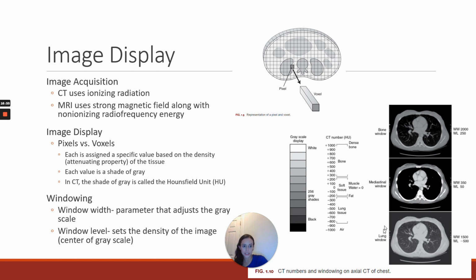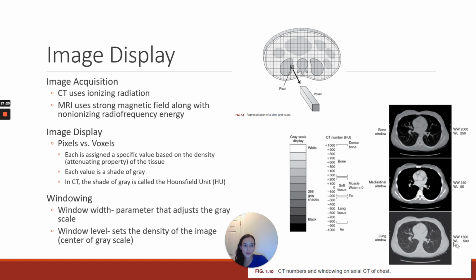So let's look at this image, for example, the lung window. I like this one. For the window level, they set the center of it at negative 500. Why would they do that? Well, negative 500 is actually a pretty dark shade of gray, and air is black. So I understand now. They want to focus on pretty dark shades of gray because the lung, these little bronchioles, are very, very difficult to see unless you get very, very close to that air or that black.